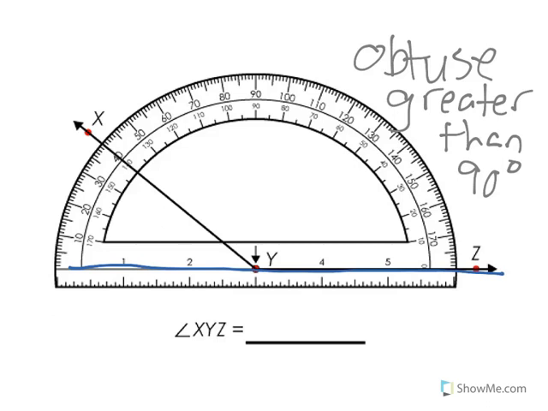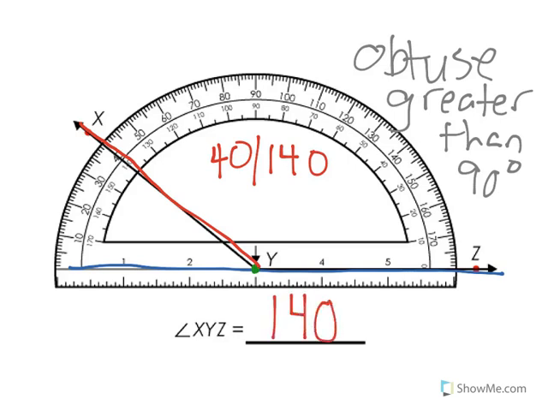We need to make sure that the point is always at the point. They did a good job there. Let's follow this ray up. So if we follow it up, I can see that it is at 40 or 140. So knowing that this is an obtuse angle, that's correct, it's a 140 degree angle.